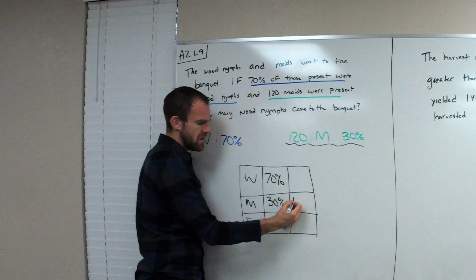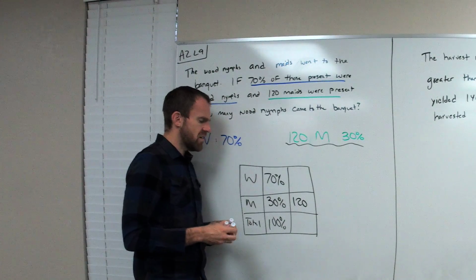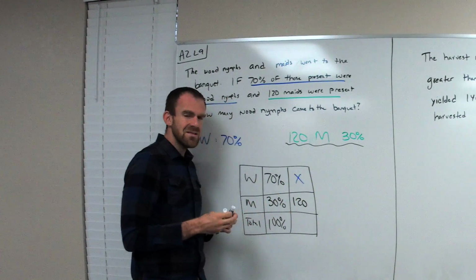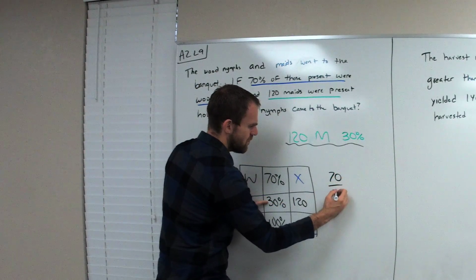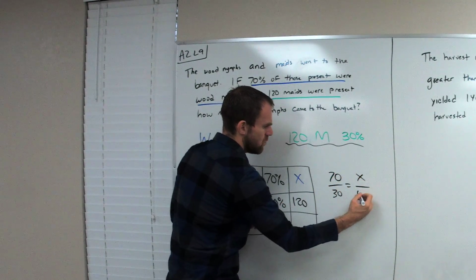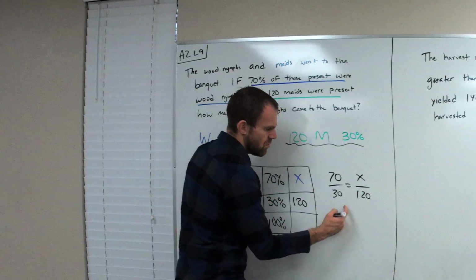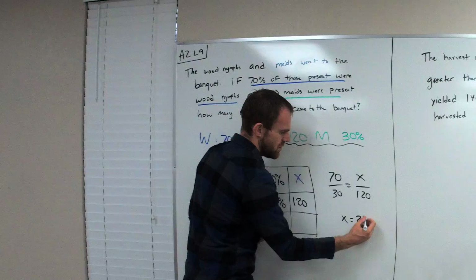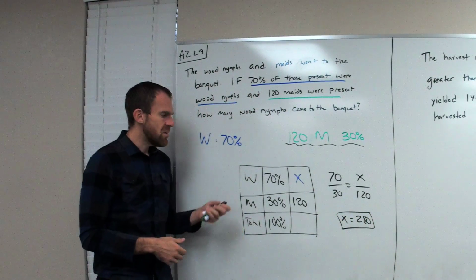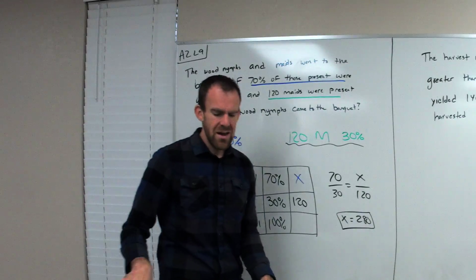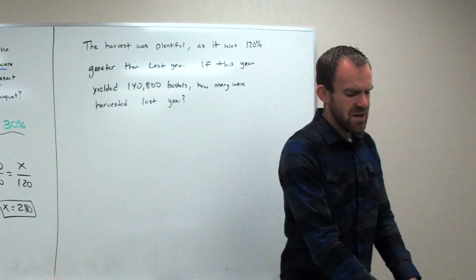If there were 120 maids, they want to know how many were wood nymphs. So I'm solving here. This is a little bit easier because all I have to do is 70 divided by 30 is x over 120. So you can make these into ratios or fractions, and then you get x equals 280. Or the number of wood nymphs is 280. So I would highly encourage using the table anytime they give you 2 or more things. It really helps with your percentage problems.